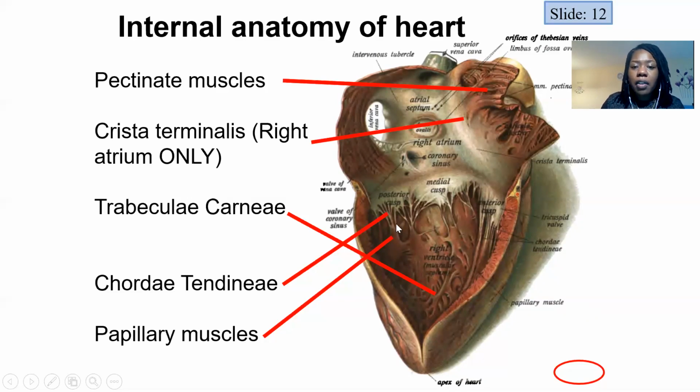We've got the papillary muscle, the muscular finger-like projection that is reaching up and grabbing onto the chordae tendineae, which are the tendinous cords anchoring the valves down into the ventricle and preventing prolapse. And these features are only found in the ventricles, right? Only found in ventricles.